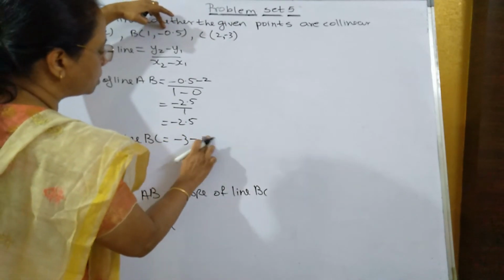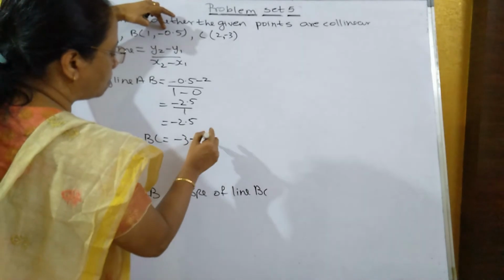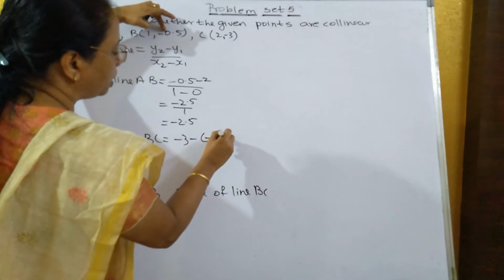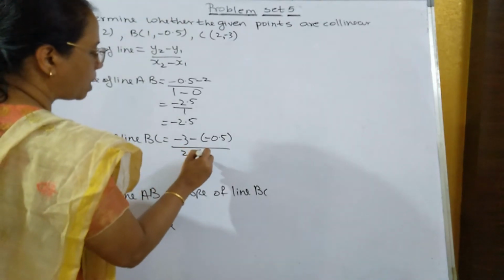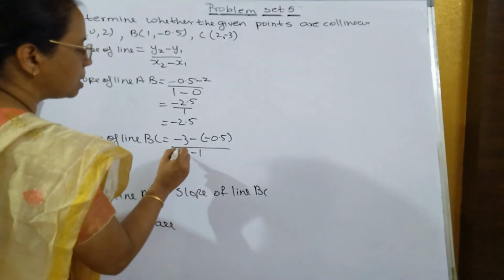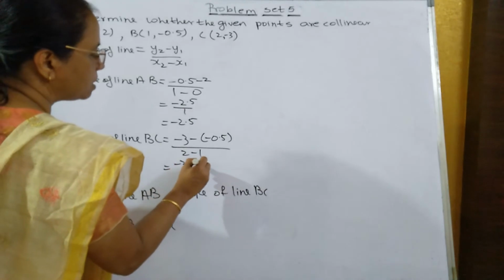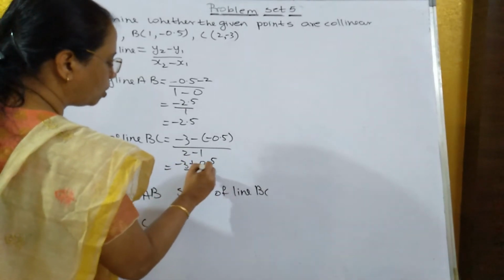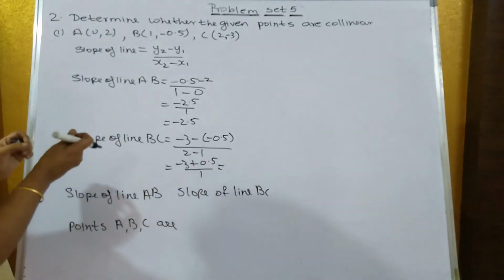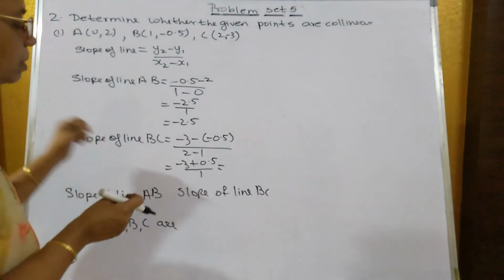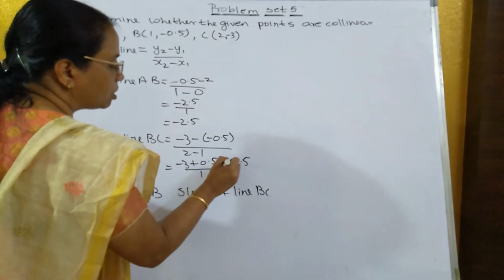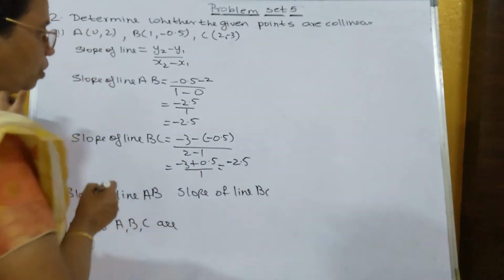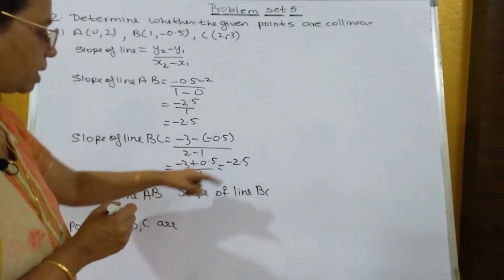Now next one, BC: minus 3 minus 0, minus into minus 0.5, upon 2 minus 1. That is equal to minus 3 plus 0.5 upon 1. When you subtract 0.5 from 3, you get 2.5, and the bigger number is minus, so it will be minus 2.5. So both the answers we have got are minus 2.5.